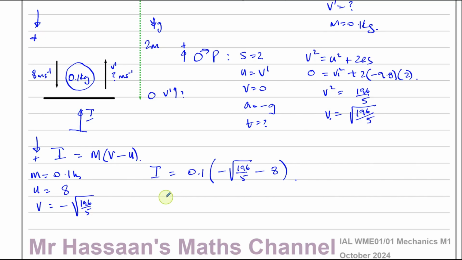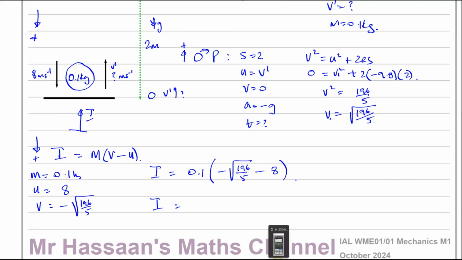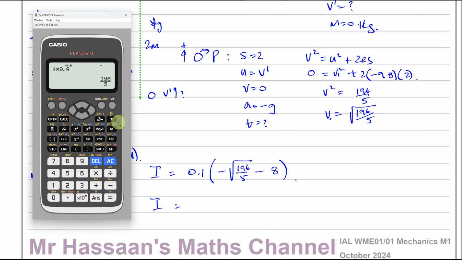So you have the square root of the answer, which is 14 root 5 over 5, so that's negative, minus 8, times 0.1.